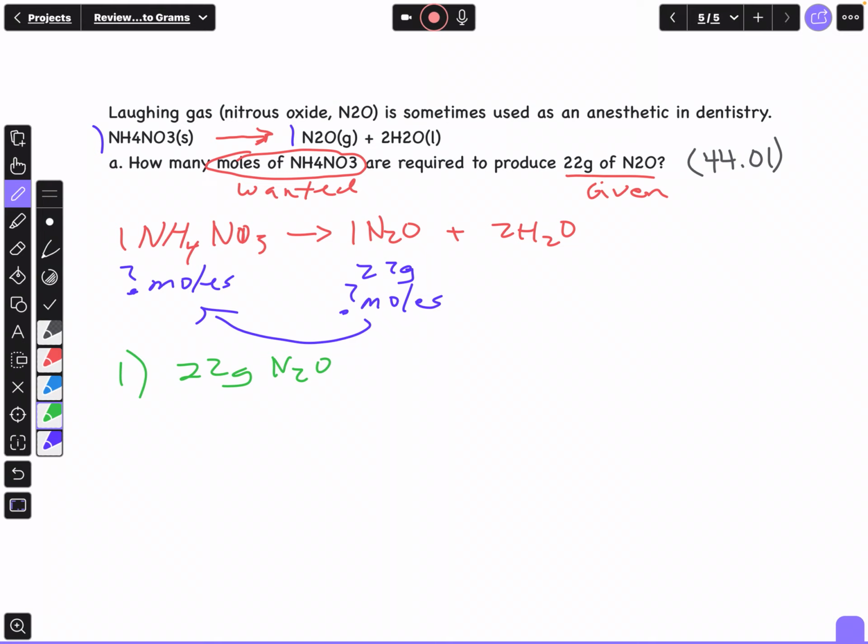So I'm going to simply divide by the molar mass of N2O. When I add up the molar mass of N2O, it equals 44.01. And so I'm going to divide by that to get my starting given in moles.